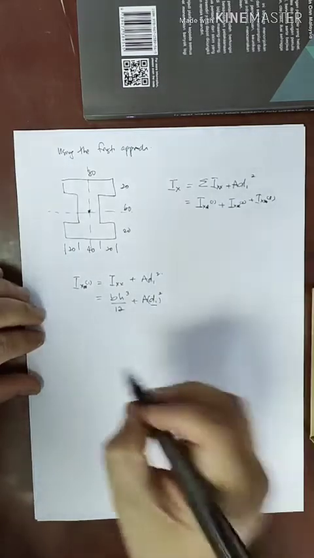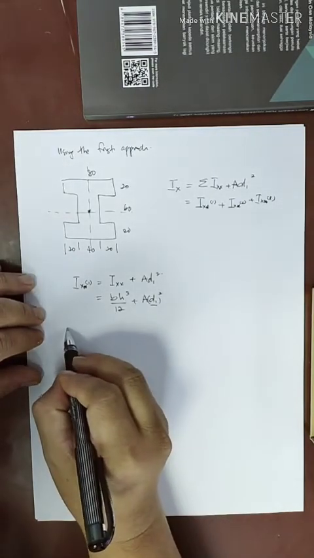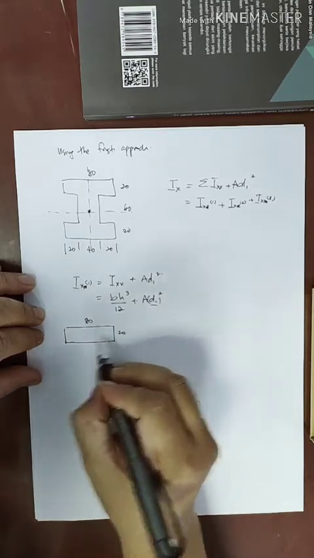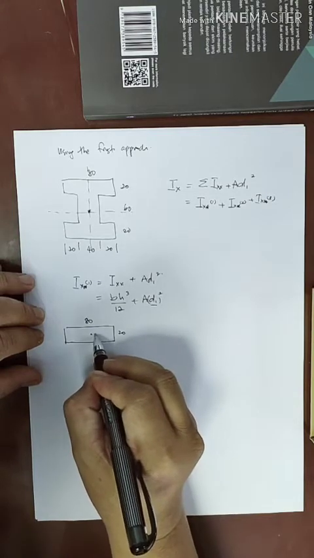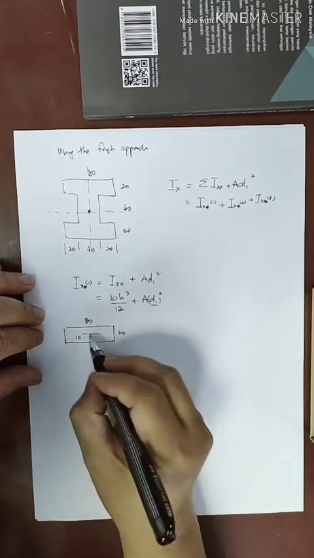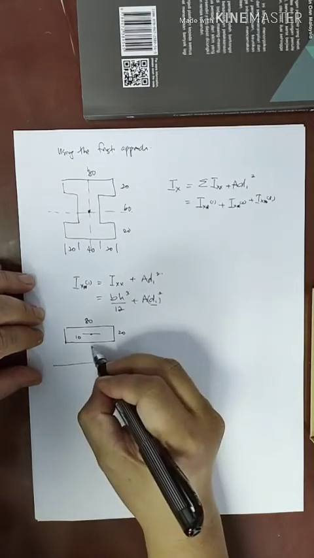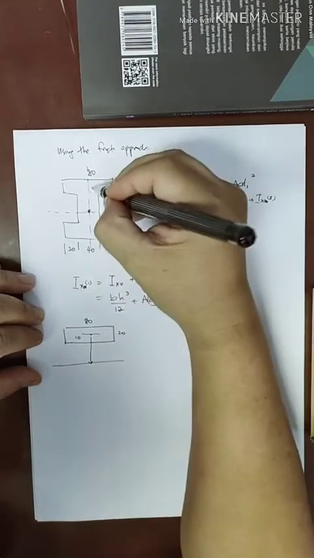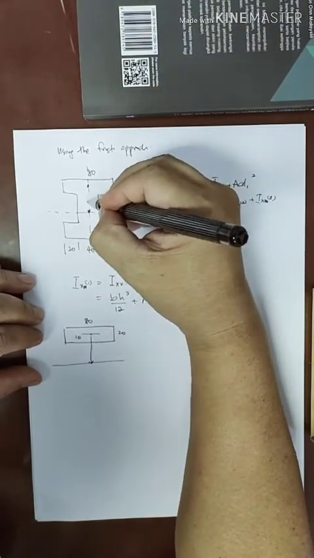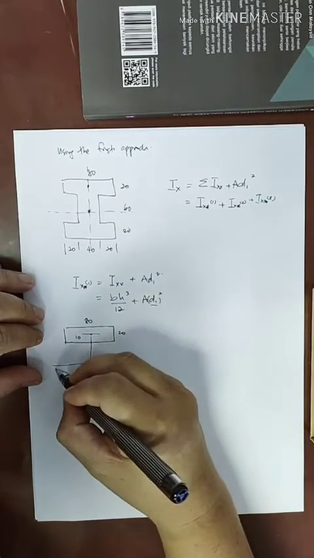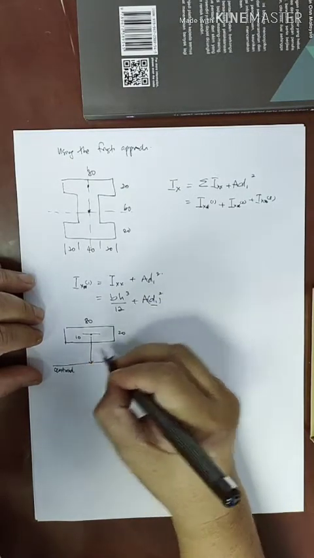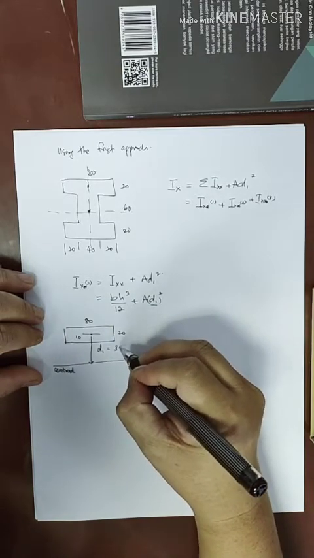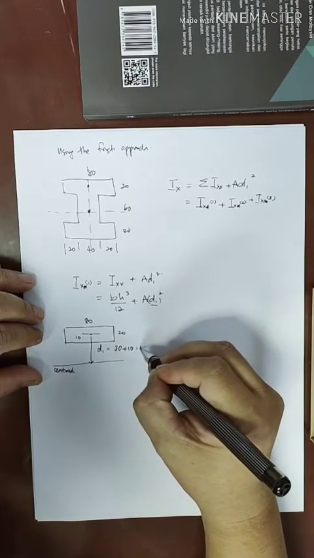Let's say for the first part we have 80, 20, and half of it is 10, located at some distance from the centroid. This is the centroid. So this d1 is equivalent to 30 plus 10.